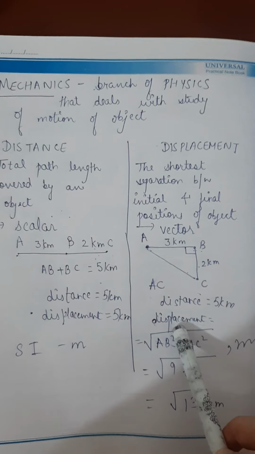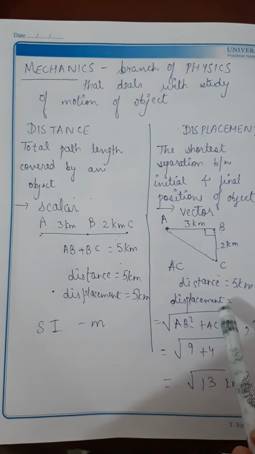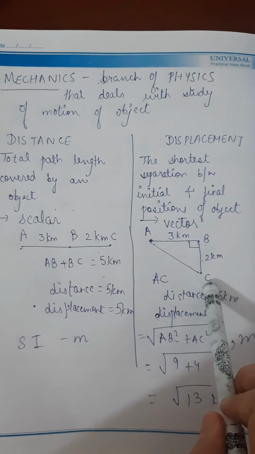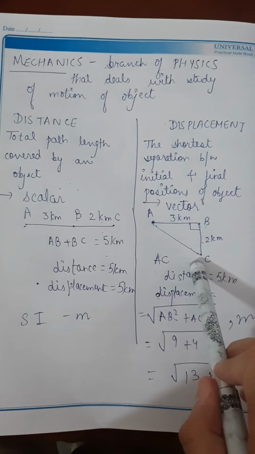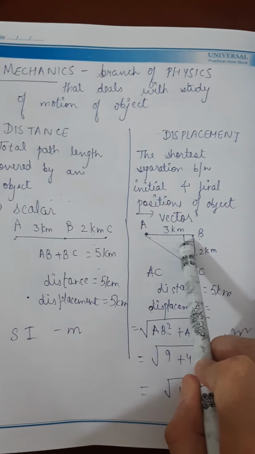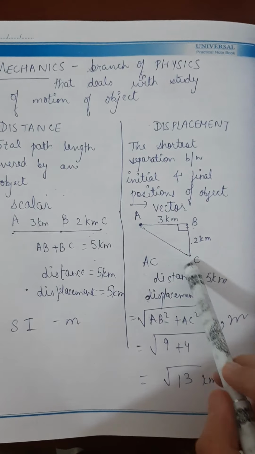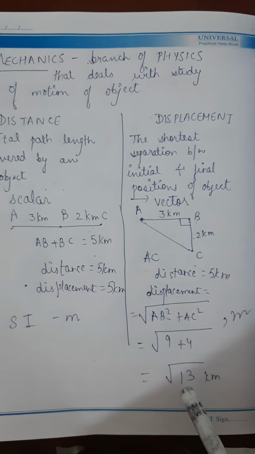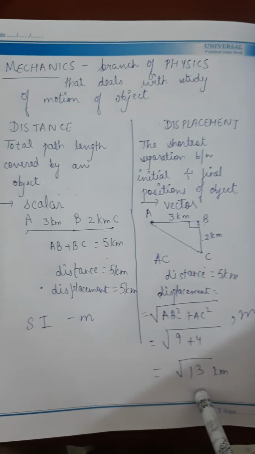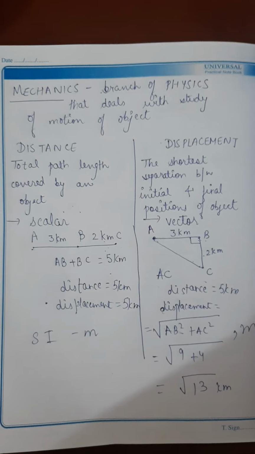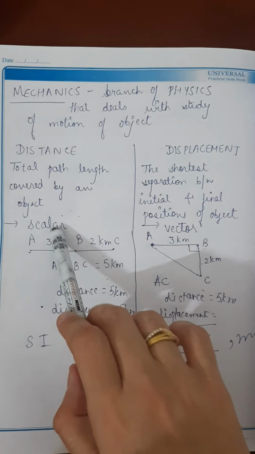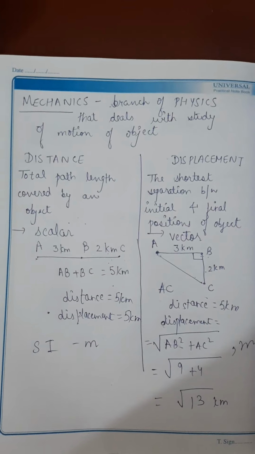So in this case the displacement will be the separation between initial and final points, and that is AC. Now consider if this is a 90-degree angle, you can calculate AC by Pythagoras theorem. So it will come out to be under root 13 kilometers. So have you got the difference between distance and displacement?